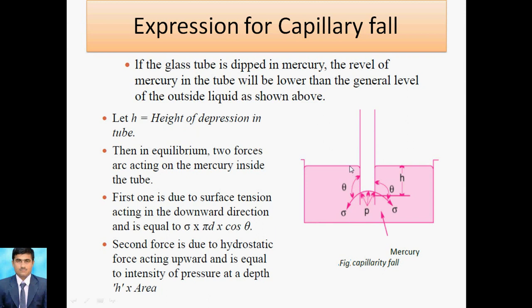And here two forces are acting: one is the weight of the fluid and another is the surface tension force. So again I repeat, there are two forces acting, the weight of the fluid and the surface tension force.